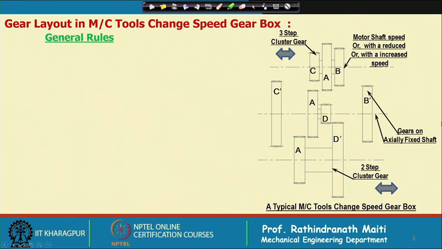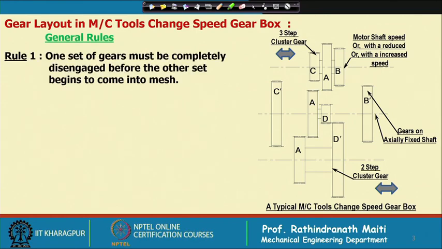However, before going into the design of the gear units, we should know a few rules which need to be followed, otherwise there may be some problem, not immediately, but at a later stage. Rule 1 is that one set of gears must be completely disengaged before the other set begins to come into mesh.